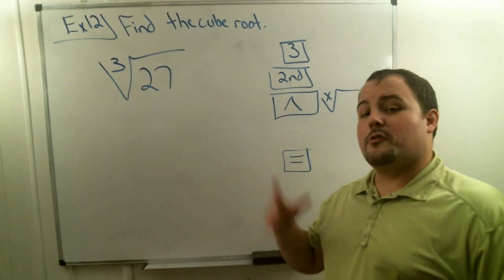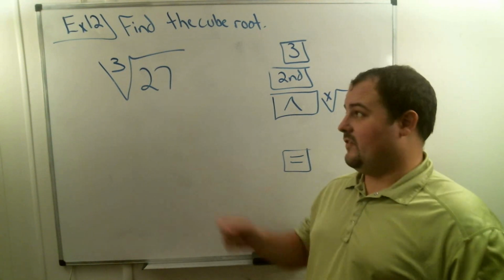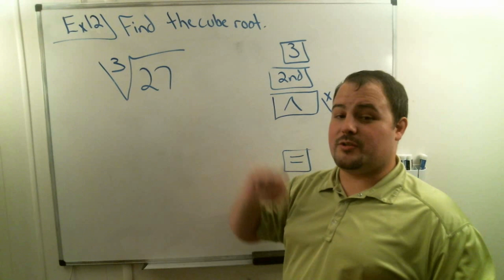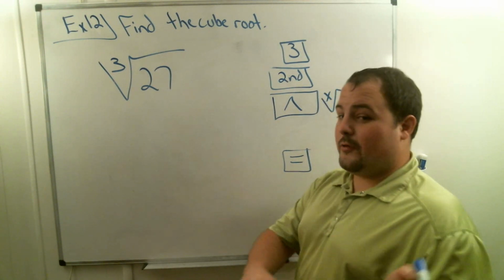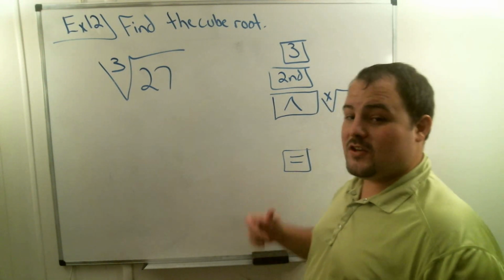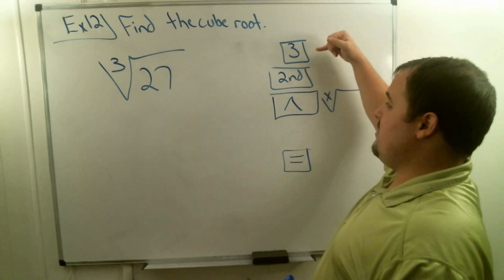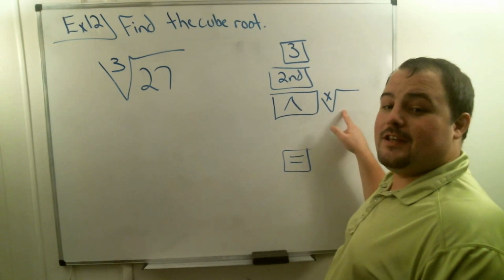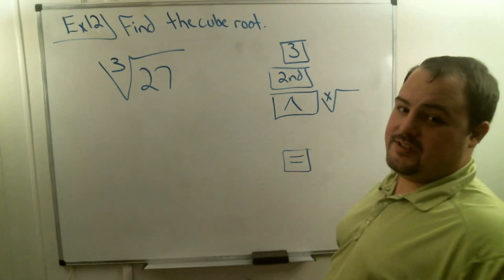In example 12, we're going to find the cube root of 27. Notice again, there's a 3, which means we're finding 3 of the exact same numbers that multiply together to make 27. If we know our perfect cubes, we could get this answer, or we could type in our calculator by pressing 3, second, the exponent button, it should look like this, and then we type in 27, press equals.